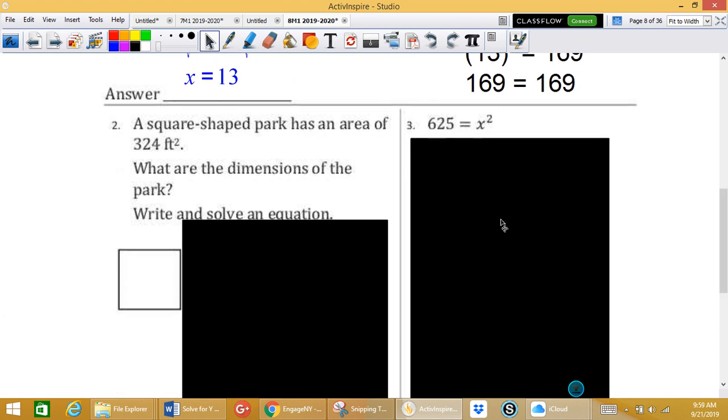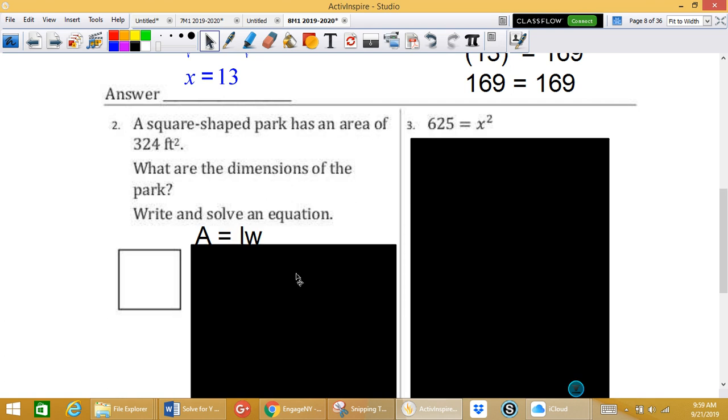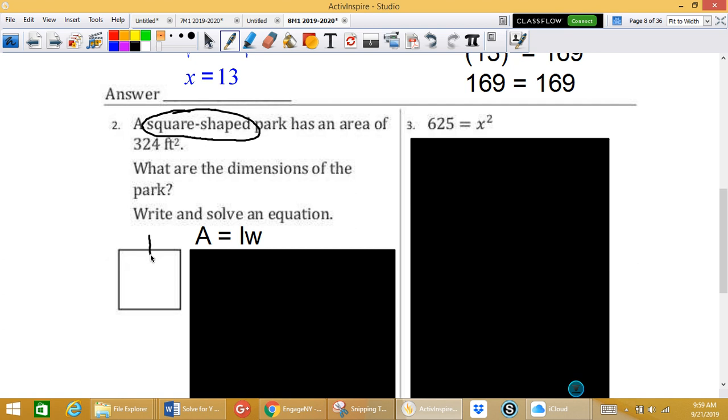Next, the square-shaped park has an area of 324 feet. What are the dimensions of the park? Write and solve the equation. So we know the area is length times width, but the area of a square-shaped park is going to be special because all of the sides are equal to each other. And those little lines show that they're equal.